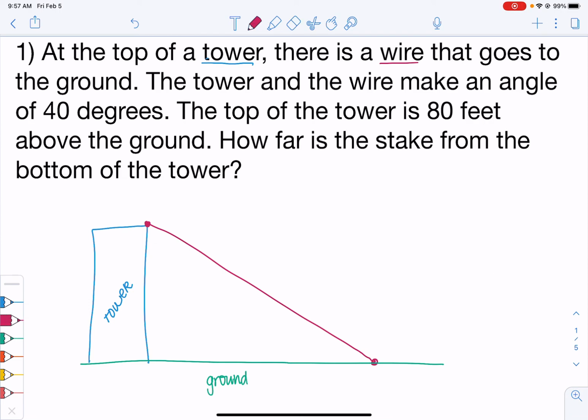This is the wire. Here it says the tower and the wire make an angle of 40 degrees.